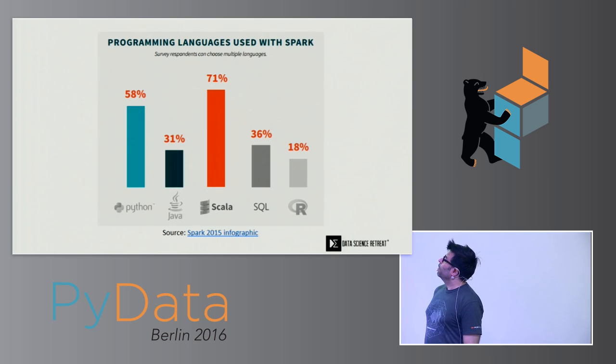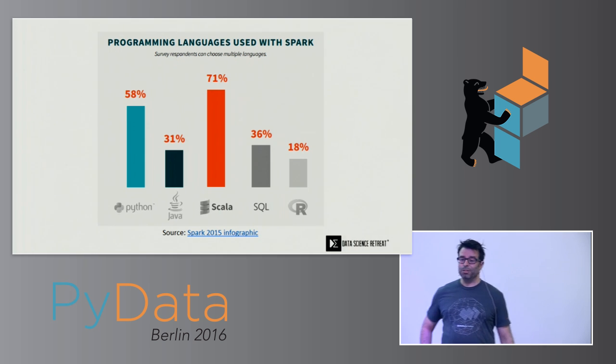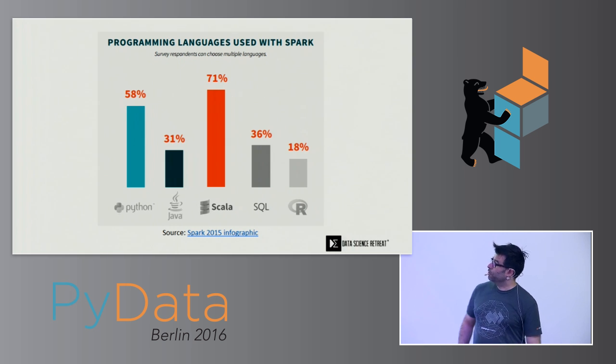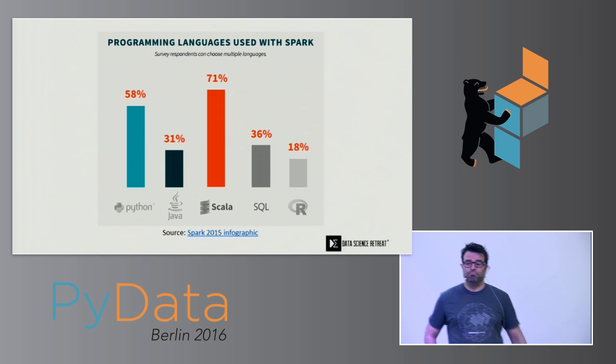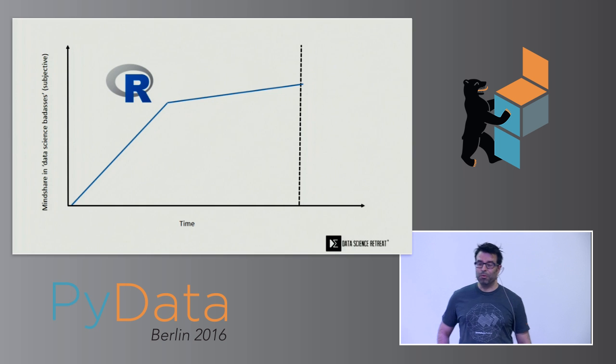Right. So interestingly, in the market, apparently people who are doing Spark are really interested in doing it natively in Scala, and you will see why soon. There is plenty of Python for sure, but there is more Scala. I don't know what that means. So this is a totally subjective graph of programming languages in data science.